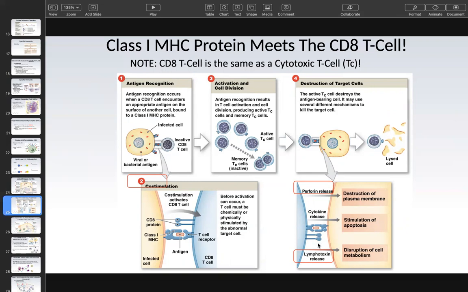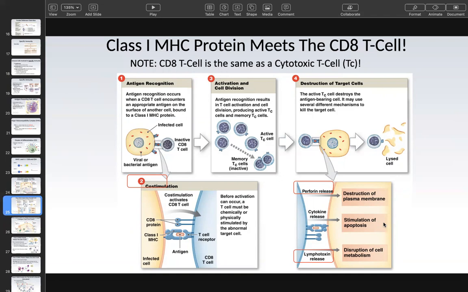Perforin release combined with lymphotoxin release have the end goal of destroying the infected human cell, because if they are infected, then the pathogen has the capacity to hijack cellular metabolism and increase exponentially, which can have significant negative ramifications on the human body.